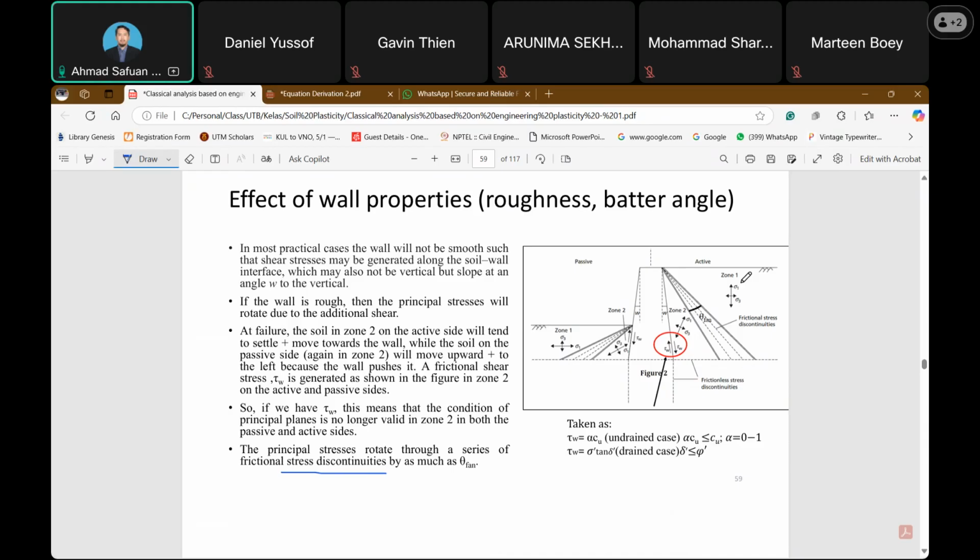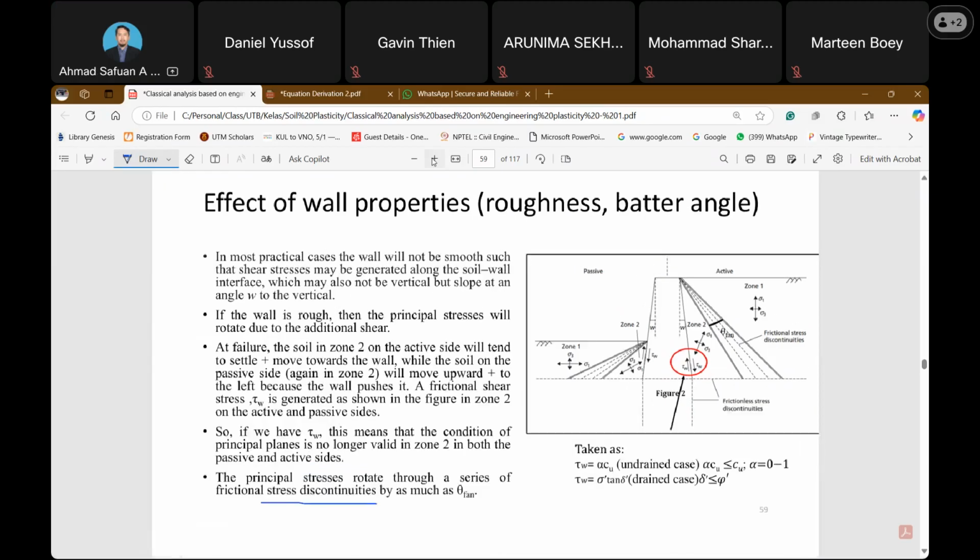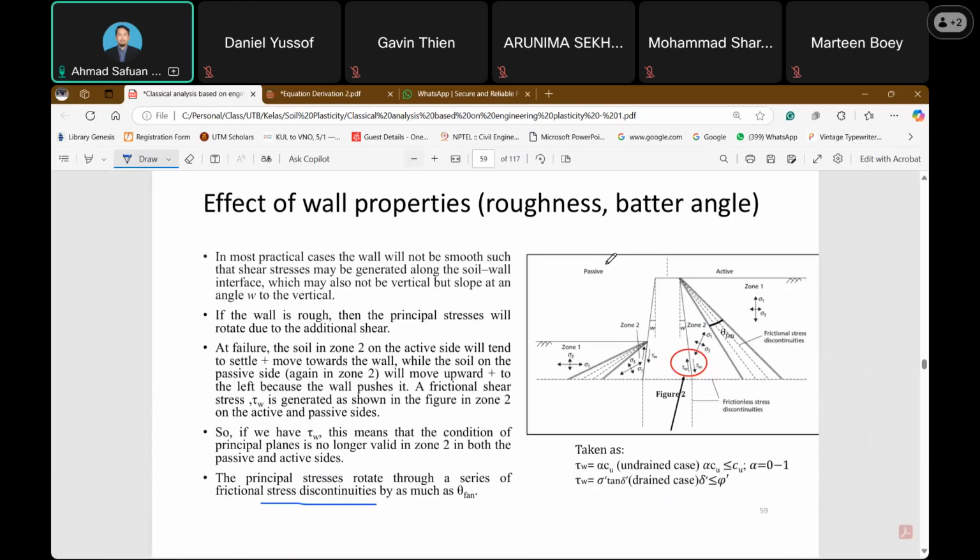So we look at the first slide to show how the principal plane changes, and then we divide into two zones. So we have zone 1. Let me enlarge it. And then we have zone 2.